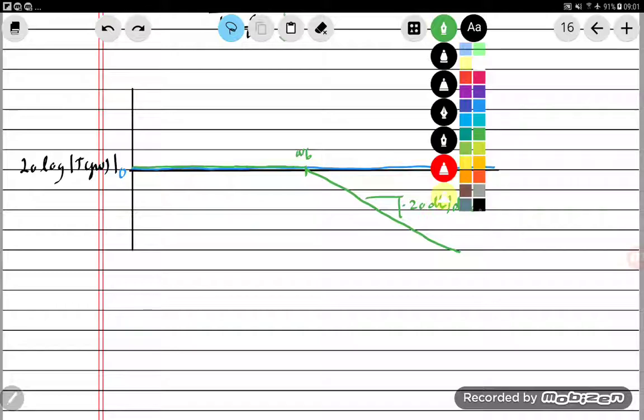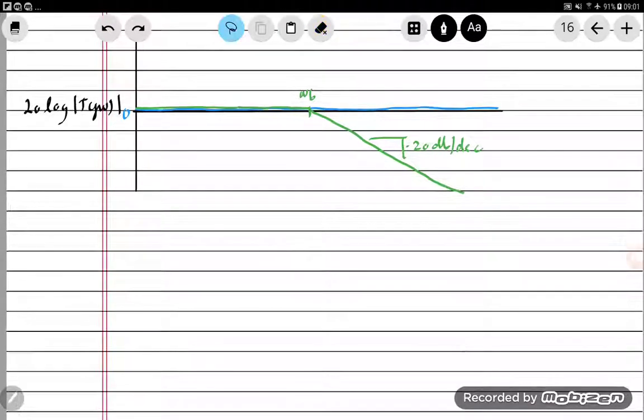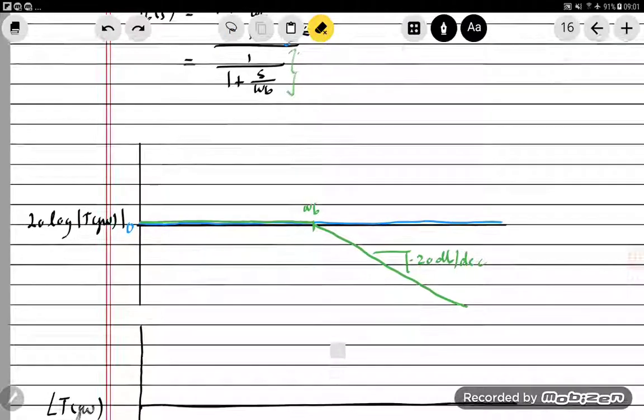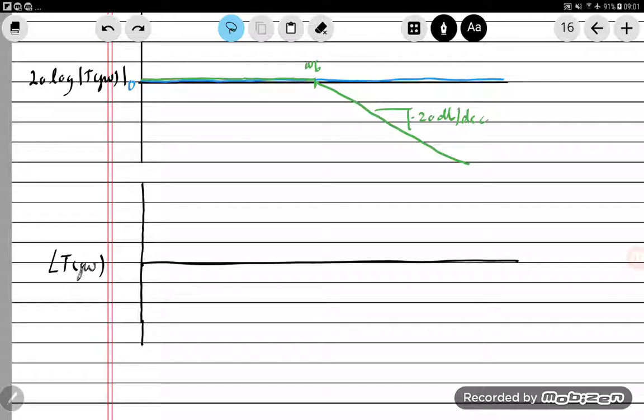For the phase, we know for the constant 1, the phase is just 0.